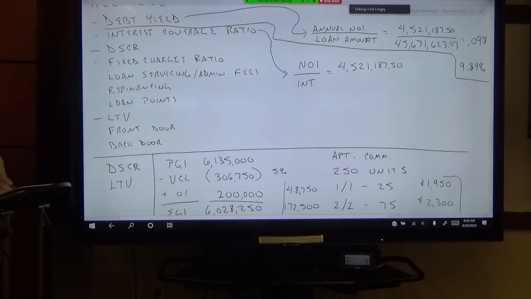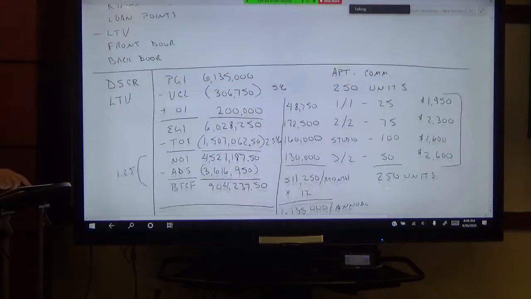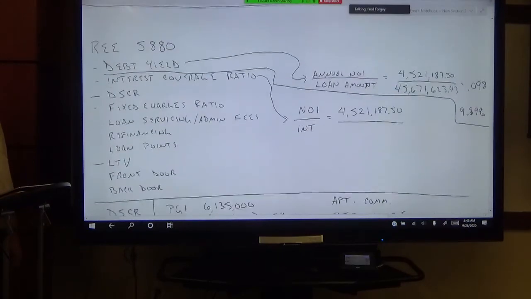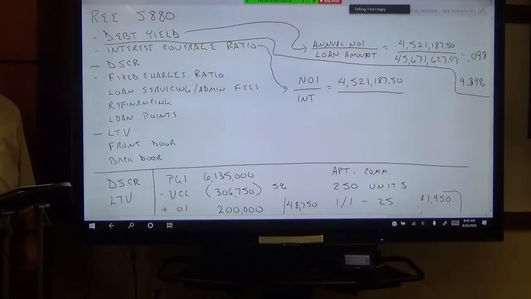put that in as our net operating income, we don't have a specific interest expense. We have an annual debt service, which we could go through and we could calculate what the actual interest portion of that is. Let's just say it's $3 million. Okay?